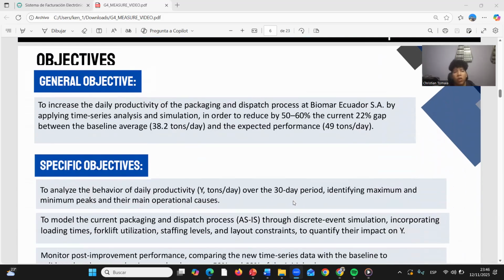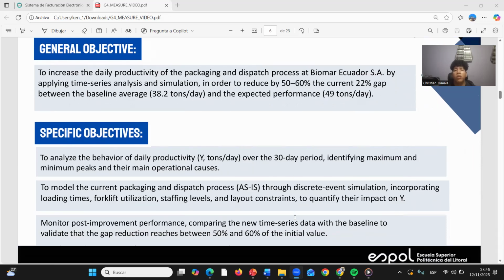The general objective in our project is basically to increase the productivity of the packaging and dispatch process in Biomar Ecuador, applying time series and simulation. We want to reduce this gap, trying to close the 22%.